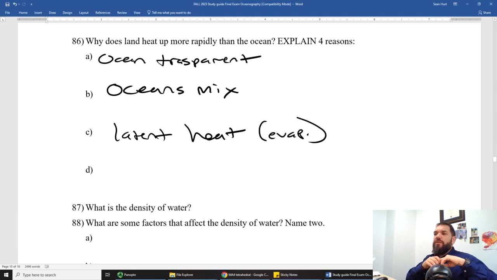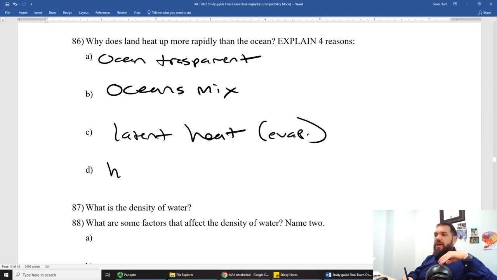So when you have the sun heating up the ocean, that latent heat of evaporation is going to tend to suck out that energy. So remember, evaporation cools everything down. That's why you sweat, right? So the evaporation cools your body down when you sweat. Same way, the ocean, when it evaporates its water off, it cools down the ocean, okay? So there's that latent heat.